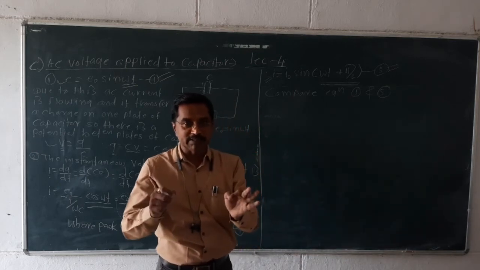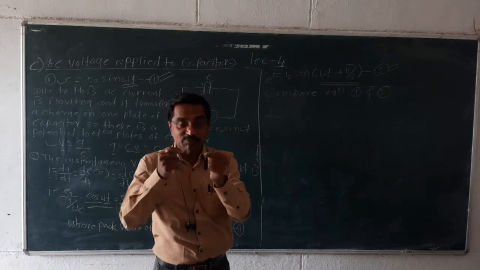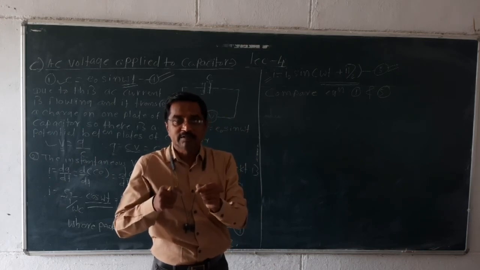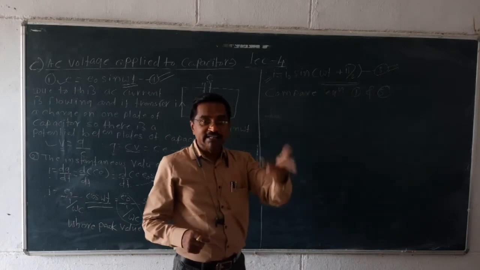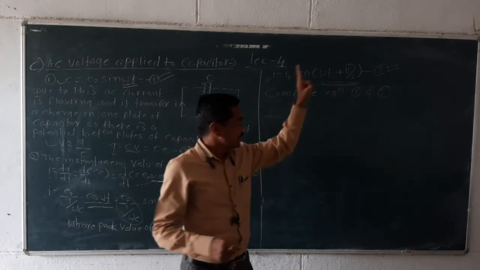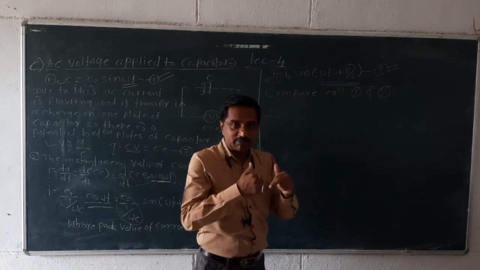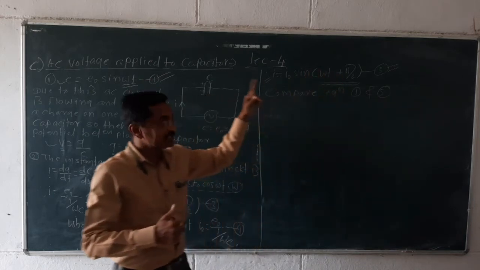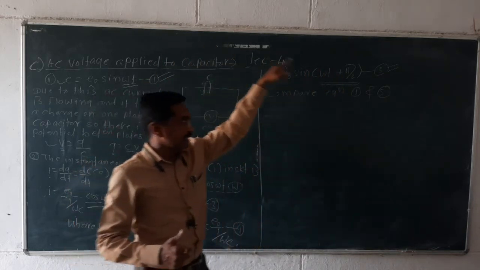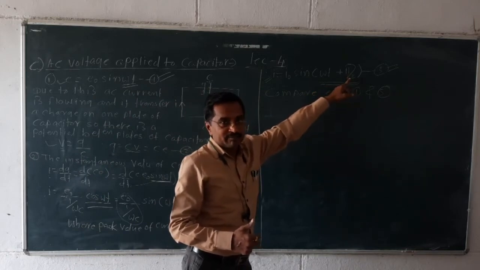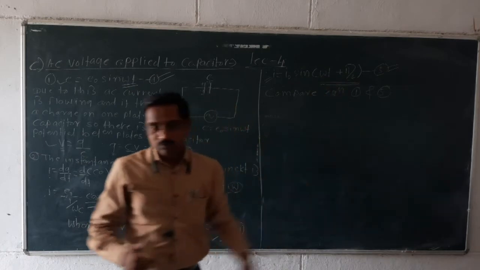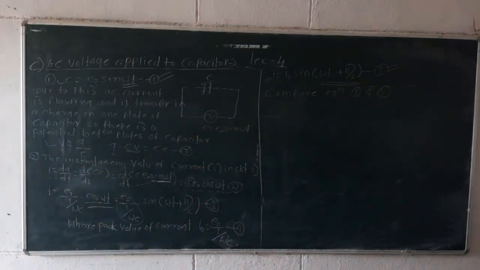In case of inductor, the current lags behind the voltage by pi by 2. And in capacitor, the current leads the voltage by pi by 2. Lags means पाठीमागे आणि lead means voltageच्या पुढे किती फेजने pi by 2. Got this point clear? This is the very important point here.